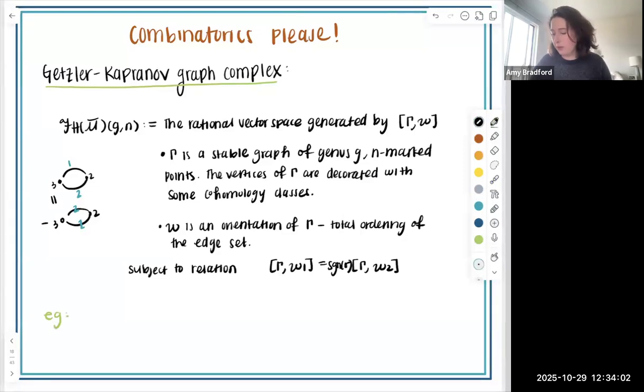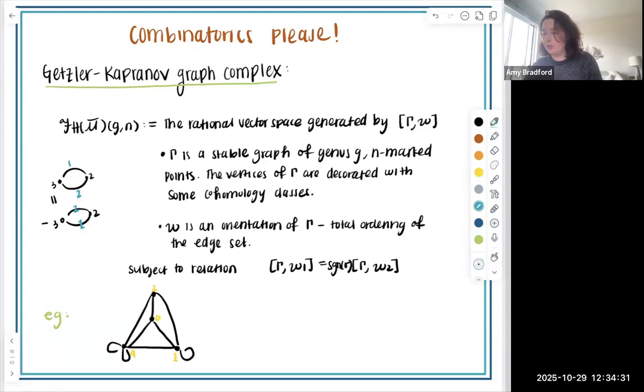So let's do a bit more of a complicated example. So we have this graph right here. And then I have some weights on my vertices. So this is like weight 2, 0, 1, and 4.